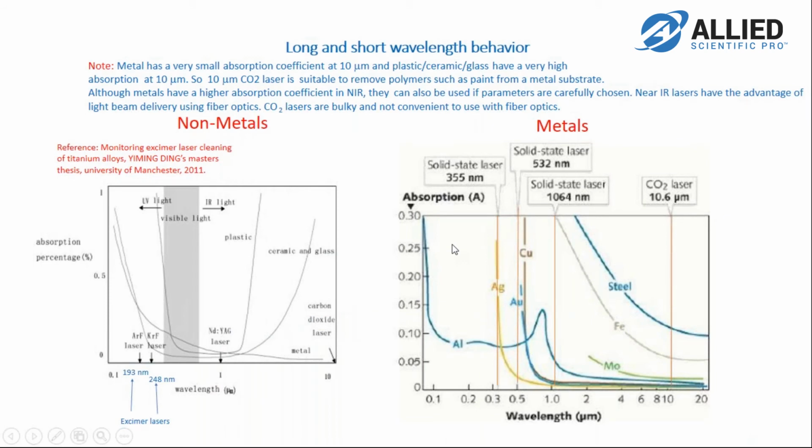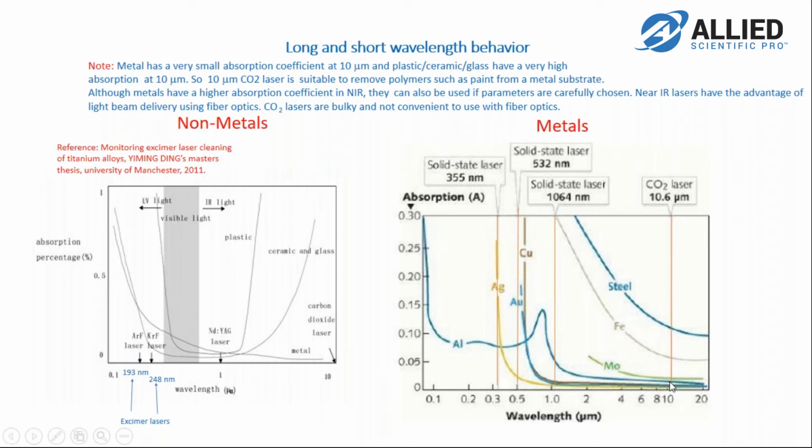Here's long and short wavelength behavior. So there are 2 graphs that I'm showing. On the right side, we have the behavior of metals at different wavelengths. So you can see that metals generally have a low absorption coefficient at higher wavelengths, say at the CO2 laser 10 micron. Most of the metals have very small absorption coefficient.